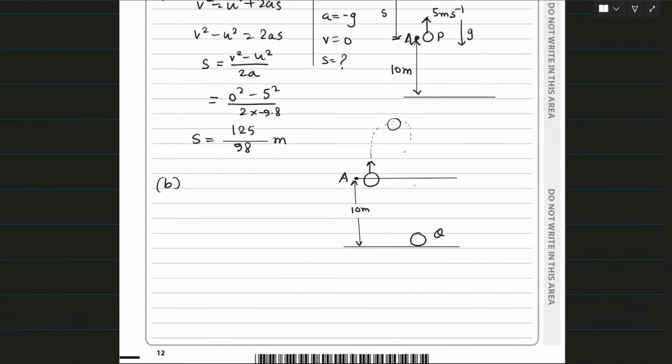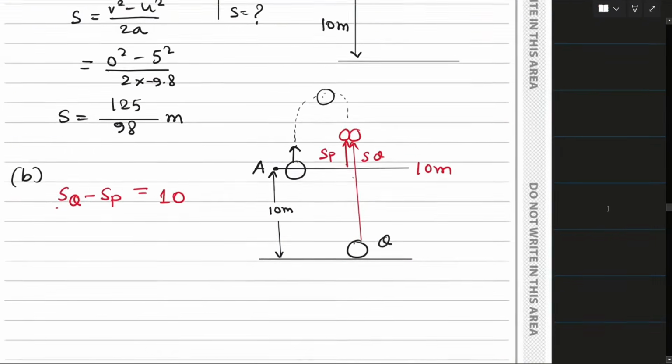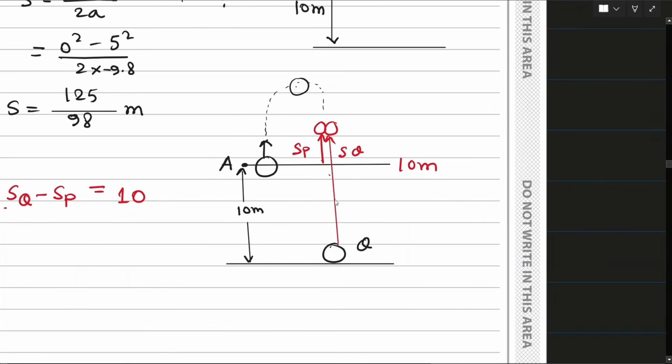If the particles collide above the 10 meter line, the displacement of P is SP and the displacement of Q is SQ. We see from here that subtracting SP from SQ gives us 10 meters.